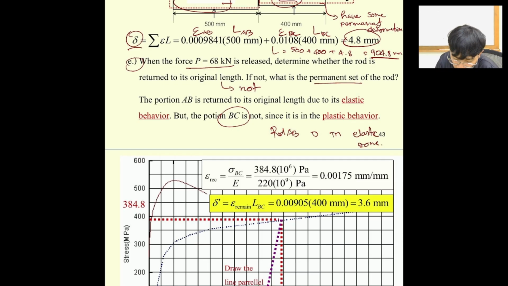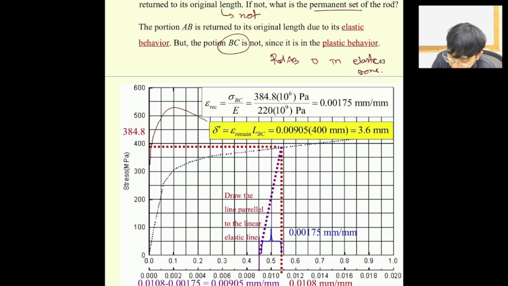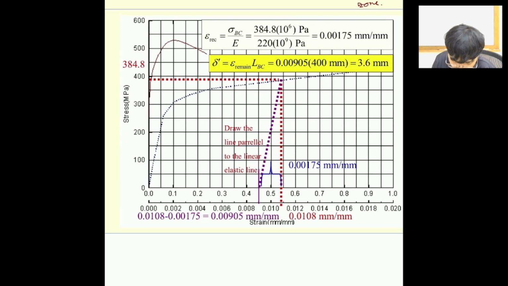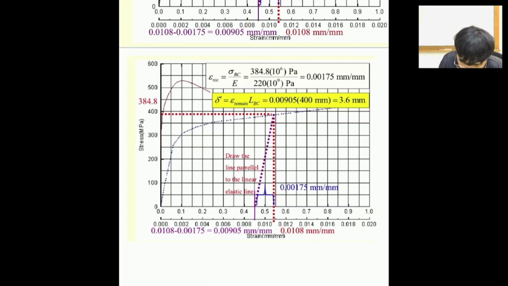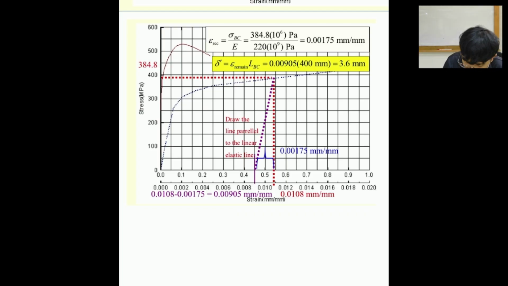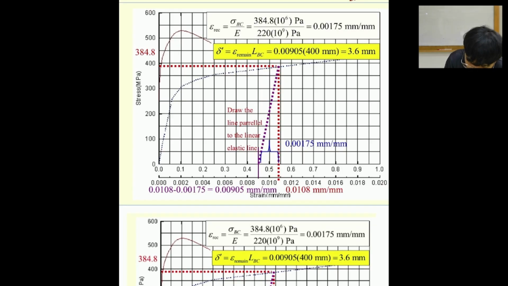Okay, so what are the steps? What we need to do is, can I copy this? Okay. To calculate it, at first, we need to find the permanent deformation, right?